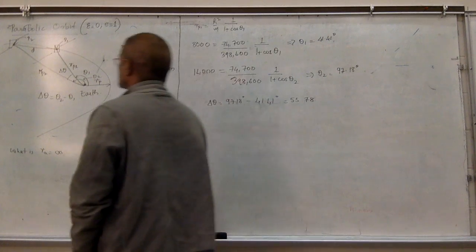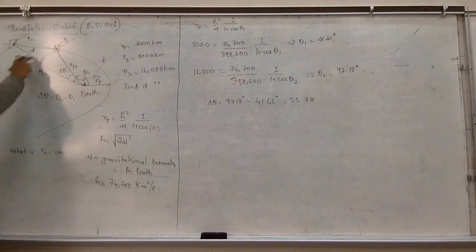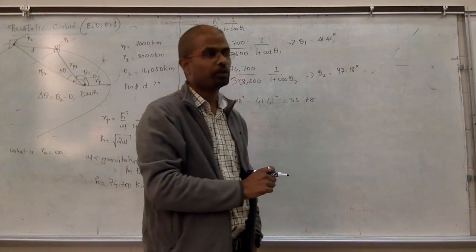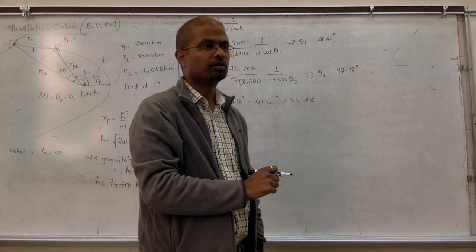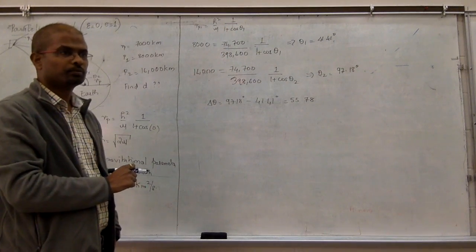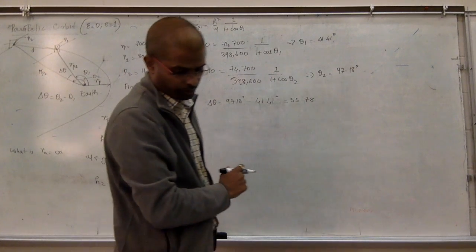And what is the relationship between them? Your goal is to find B. So you remember the relationship in a triangle? This is not necessarily a right angle triangle, right? Can you use the law of cosines? Law of cosines, yes. That is what you need to use.